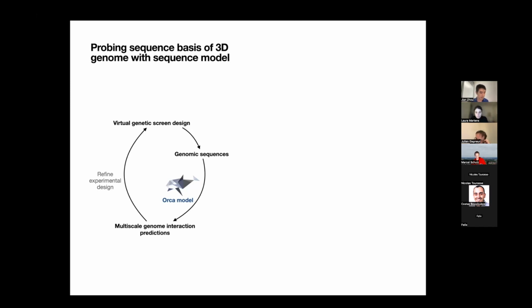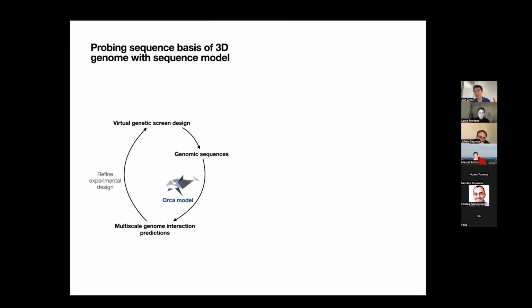One way I tend to think about this is that we can think of ourselves as geneticists doing virtual experiments on those virtual cells, right? We can think of the sequence model as a virtual cell where we can mutate the genomic sequence and then give it the sequence, and it will make predictions for the consequences, right?